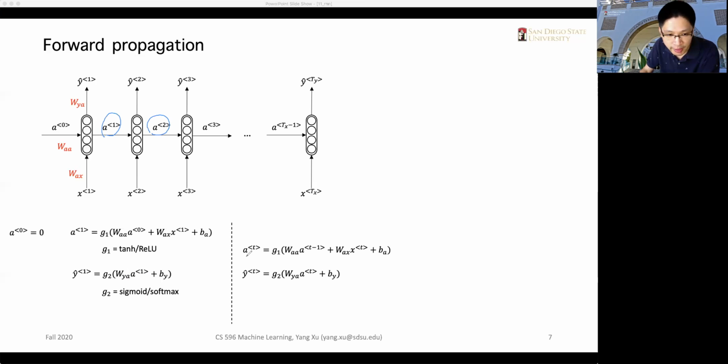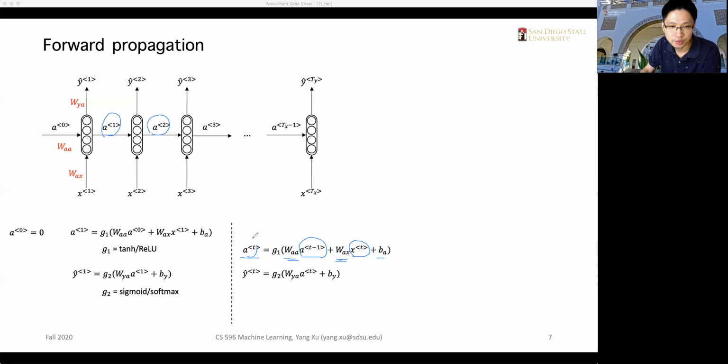When we compute the activations for time step t, we use the activation from the previous time step, t minus 1, times the parameter WAA, and the current inputs at time step t times WAX, plus some bias.